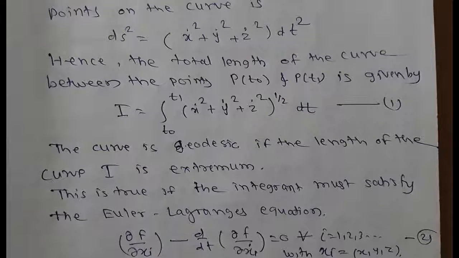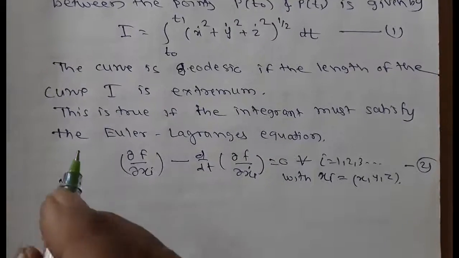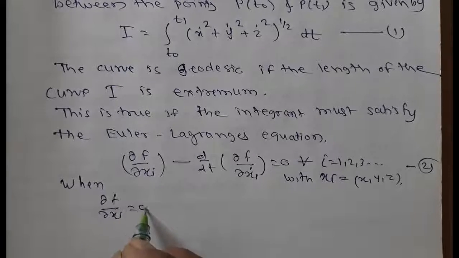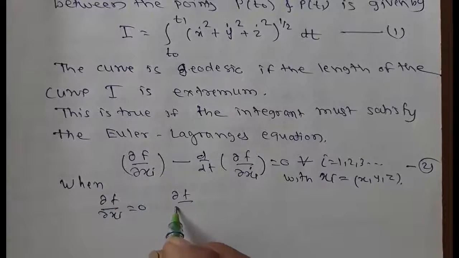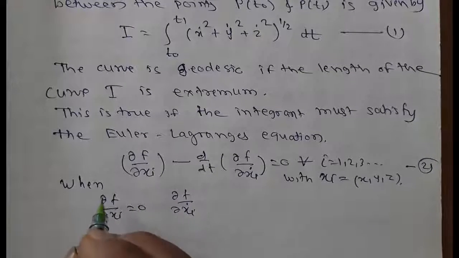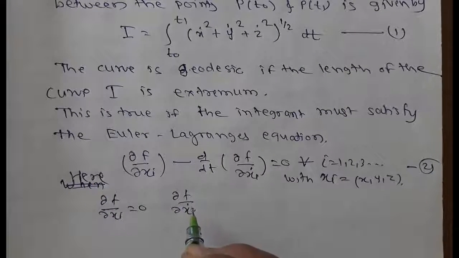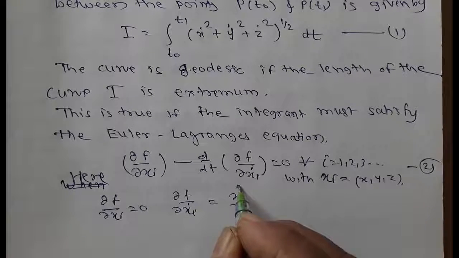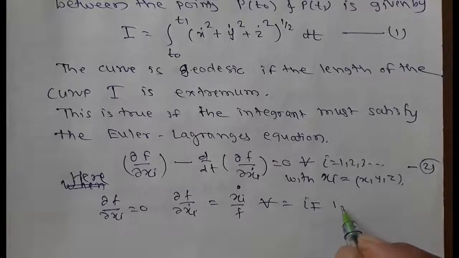Here, dou f by dou xi equal to 0 and dou f by dou xi dot equal to xi dot divided by f for all i equal to 1, 2, 3.